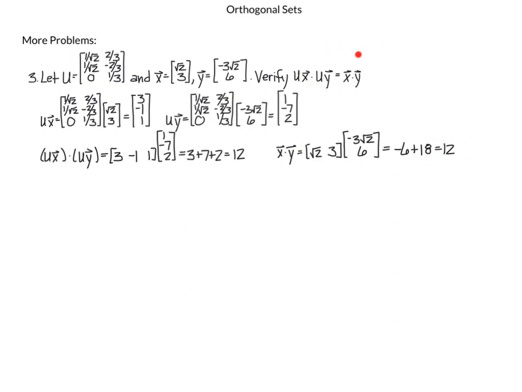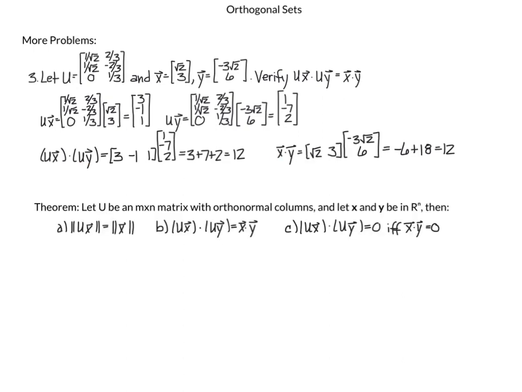So here we have verified that Ux dot Uy is equal to x dot y. And this is a direct illustration of this theorem here, that because U has orthonormal columns, this was a previous example in our video, then this property here, property B, holds.